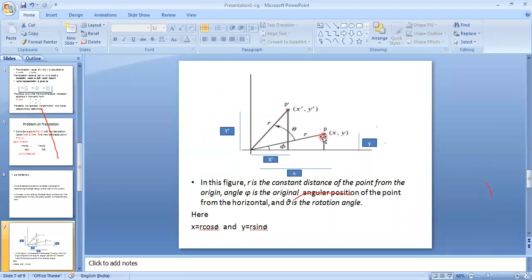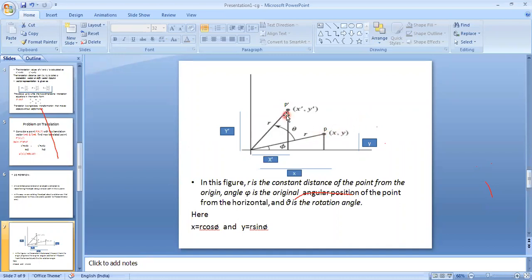Translating means that along a straight line, if you change the coordinates, that becomes translation. For example, if my point is here and I want to move it to here, that is translation. Here my point is here, and I am rotating this point to this, I am bringing my point p to this, that means I am rotating my point. So how can I come to know whether I am rotating my point or translating it?